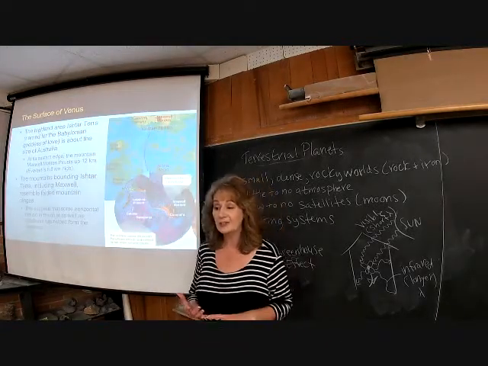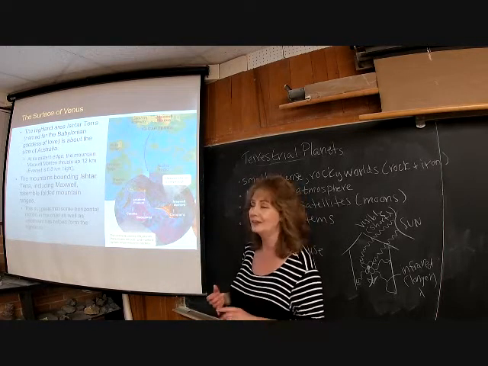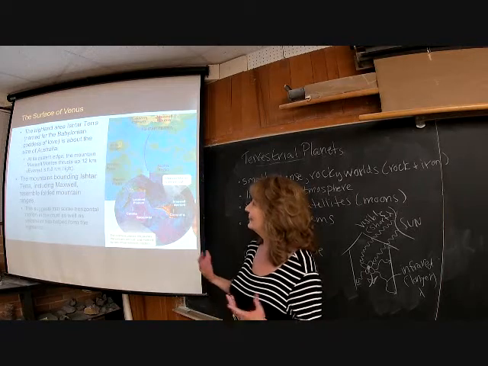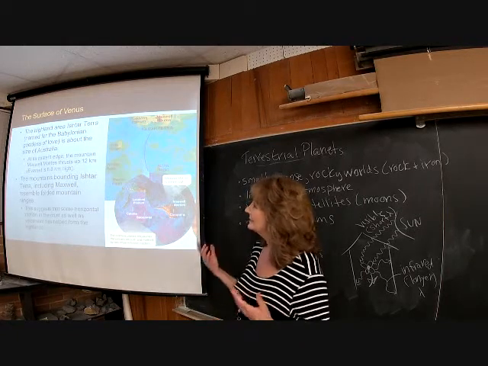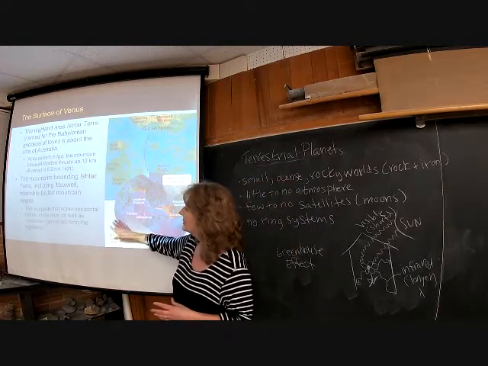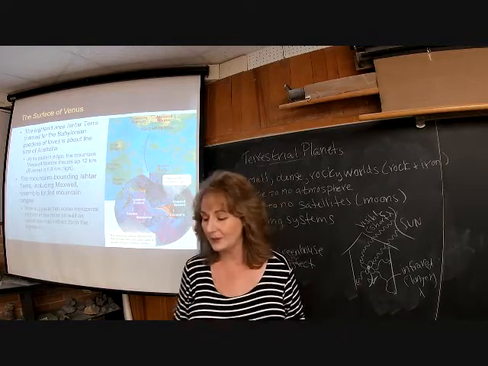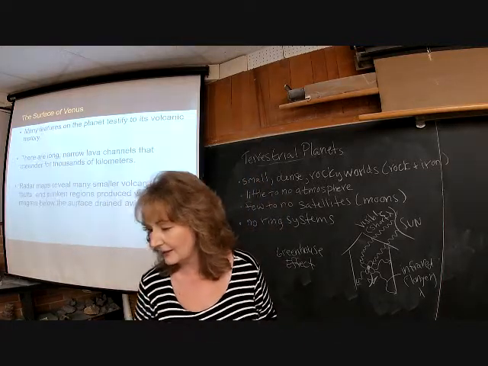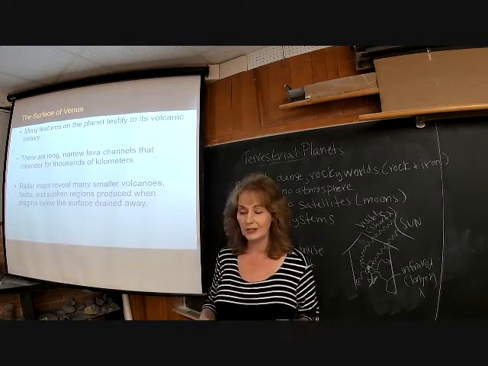So the highland, Ishtar Terra, named for the Babylonian goddess of love, is about the size of Australia. Mountains on there resembling folded mountain ranges. So there was some volcanism that probably helped build up some of the highlands on Venus. But a very long volcanic history there.